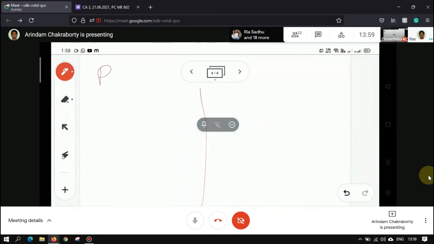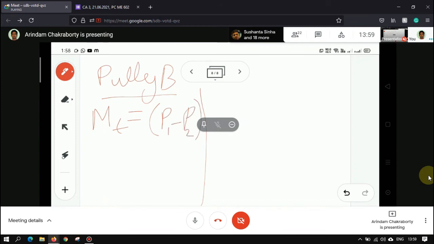Pulley B. In pulley B, the torque mt is equal to P1 minus P2 into R1.